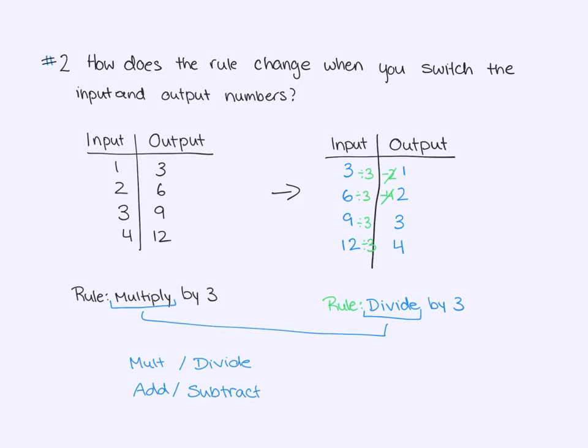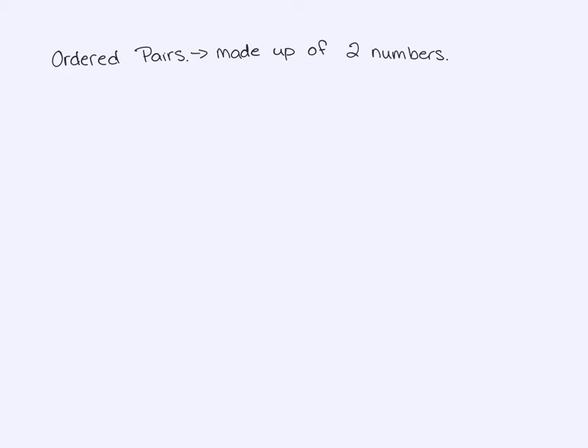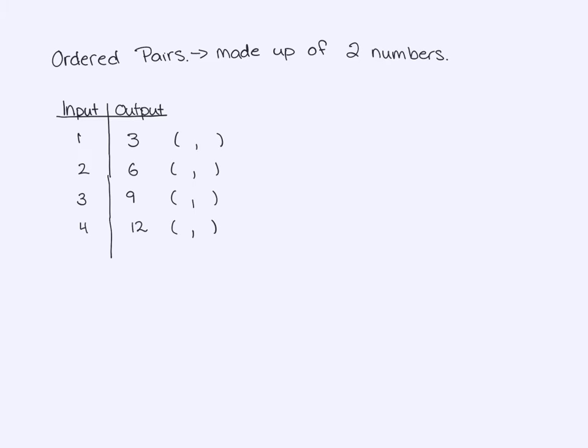So for most of these, you can see whether it gives you the opposite operation when you switch the ordered pairs. Ordered pairs, as we talked about earlier, are made up of 2 numbers, and they're written in brackets. When you are given an input-output table, you're going to put your input as the first number and your output as the second.